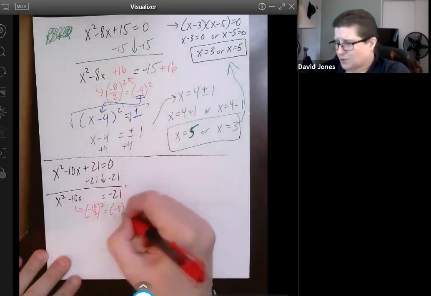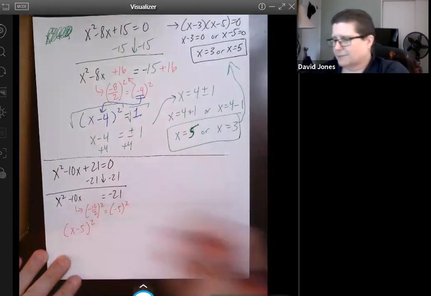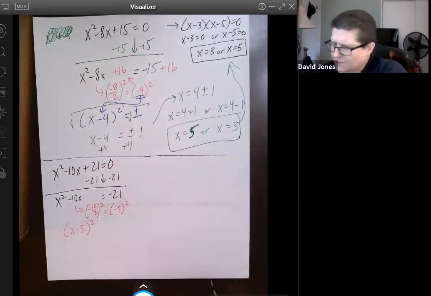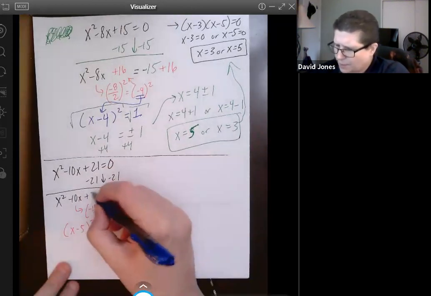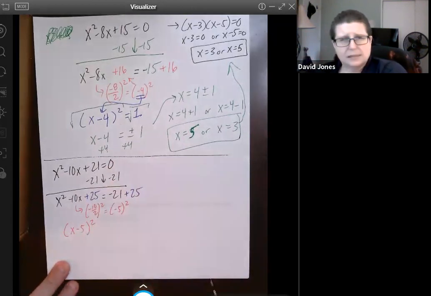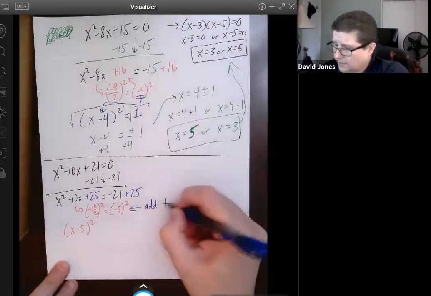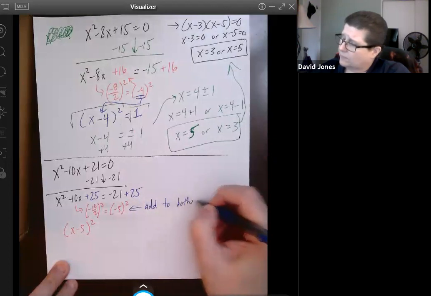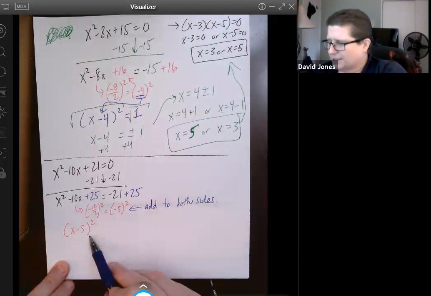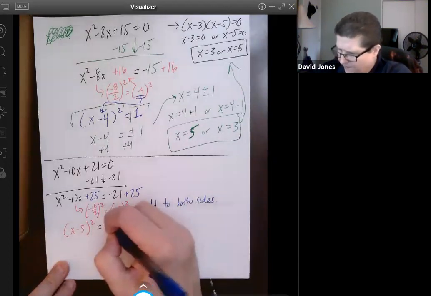That's negative 5 squared, which means my parentheses is going to be x minus 5 squared. What is negative 5 squared? Negative 5 squared is positive 25, so I'll add 25 to both sides. And when we add it to the left, that's how it allows us to complete the square and get that factor. Negative 21 plus 25 is 4.